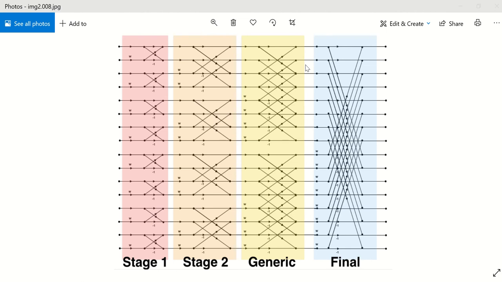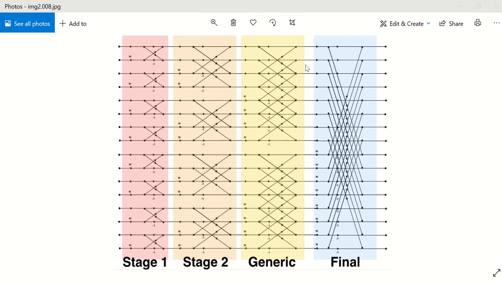In the next stage we see four inputs and four outputs, but technically that is also two butterflies each taking two inputs. The two inputs for one butterfly are the first output of the first butterfly and the first output of the second butterfly. Similarly this progression continues till the final stage.